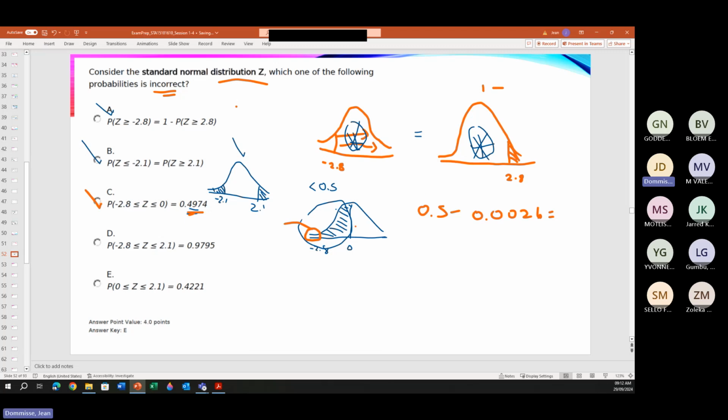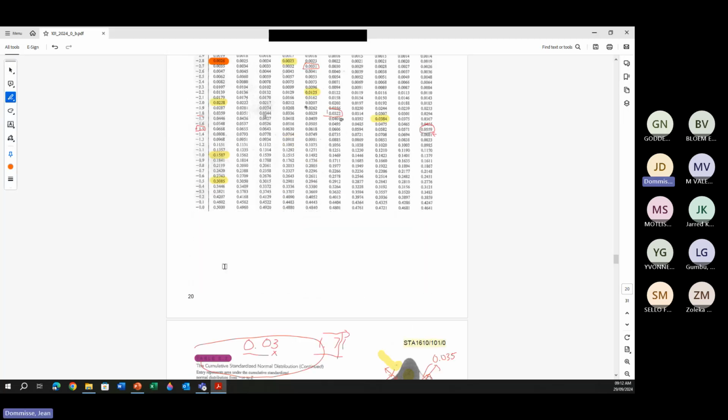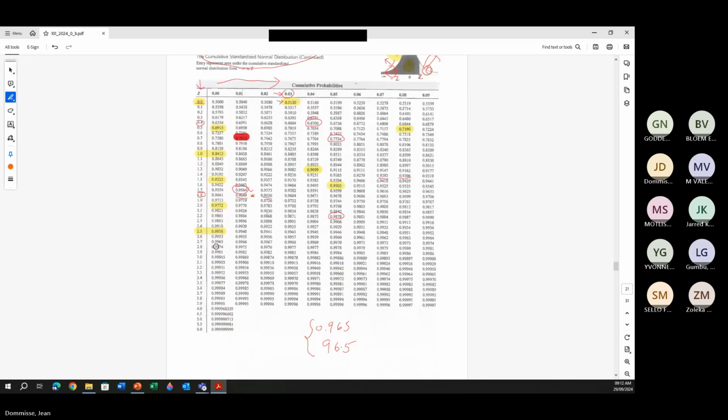What we can also do is take the positive, so let's do the 2.8. 0.9974.